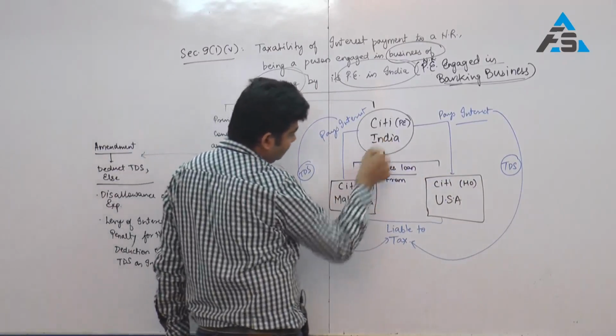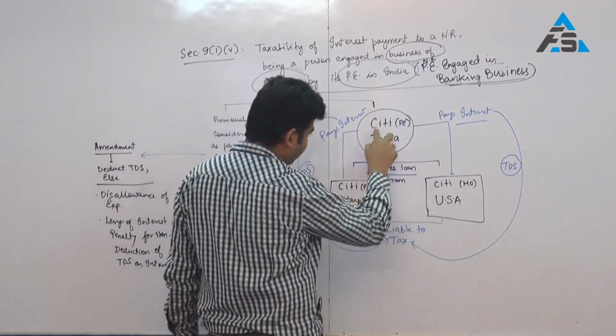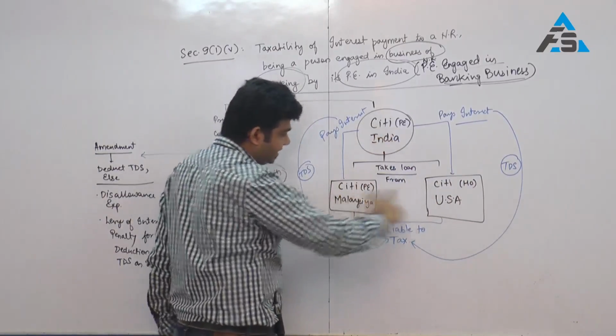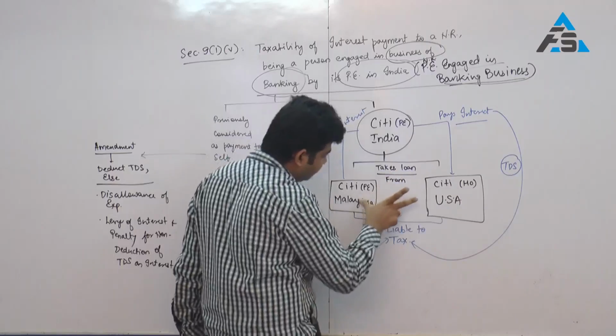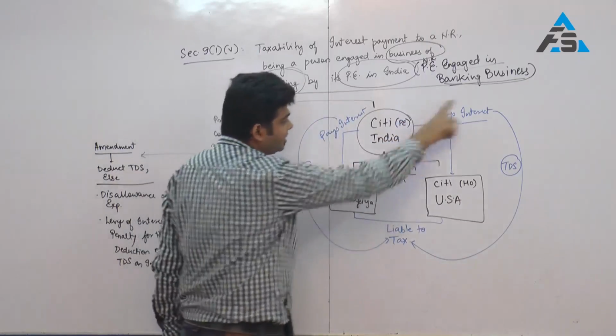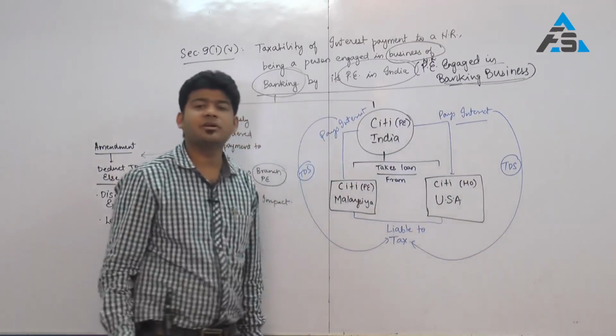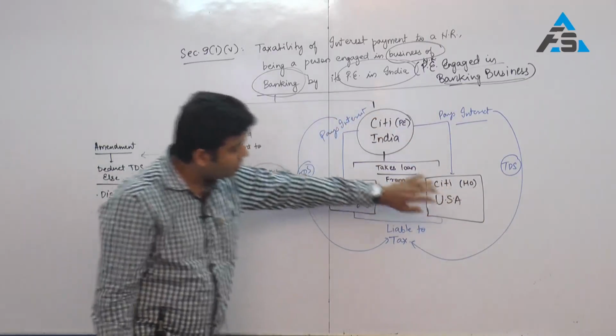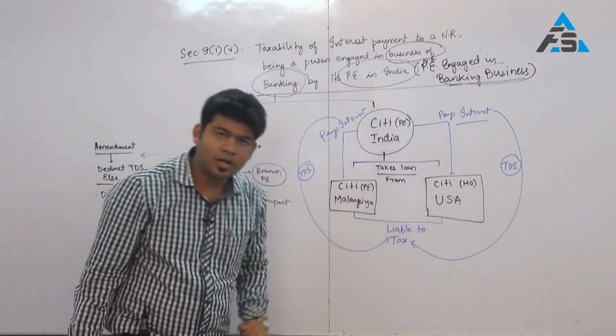Now the main company is City. If they are taking a loan, the Indian company will pay interest to them, which so far was considered as payment internally, no income accruing to anybody, no expense allowed to anybody.